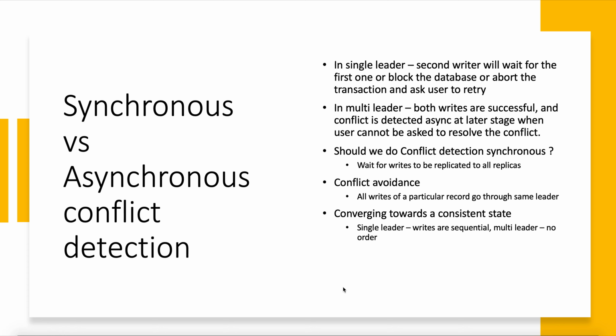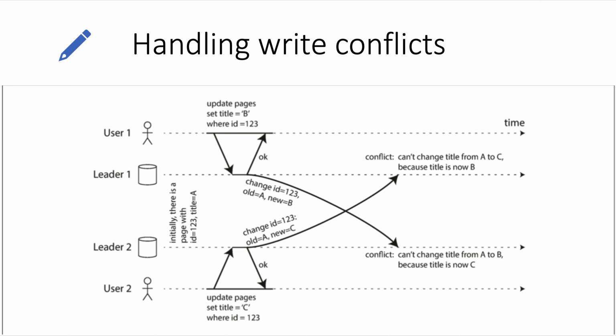If each replica simply applied writes in the order that it saw, the database would end up in an inconsistent state. The final value would be C at leader 1 and the final value would be B at leader 2. This is not acceptable because every replication scheme must ensure that the data is eventually the same in all the replicas.